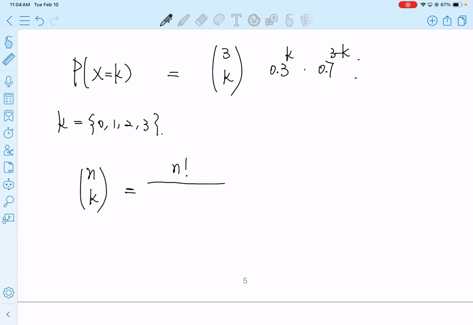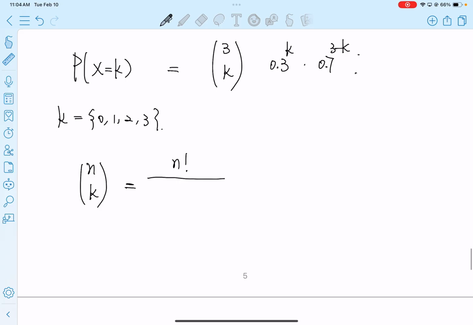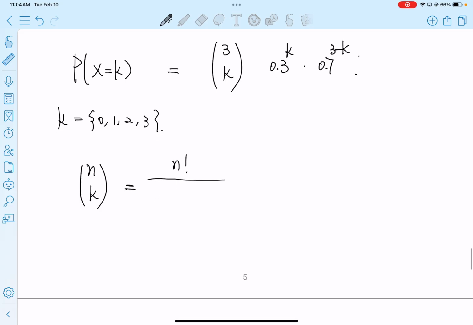X can go all the way up to 3, so X equal to 0, 1, 2, and 3. So the maximum can be 3. And k is the outcome that we can get, so k can range over 0, 1, 2, and 3. This binomial coefficient will handle this part. The formula exactly is n factorial over k factorial times n minus k factorial.